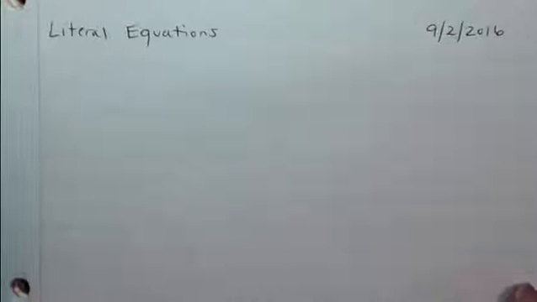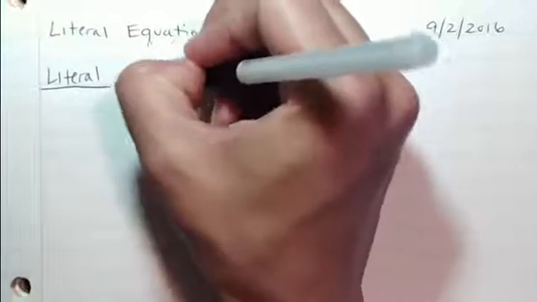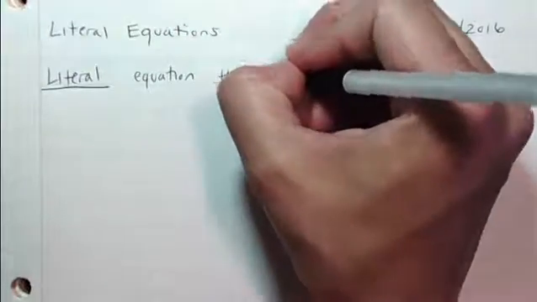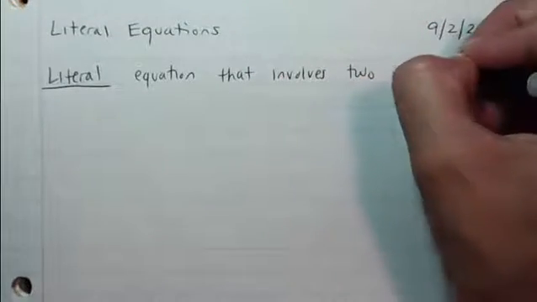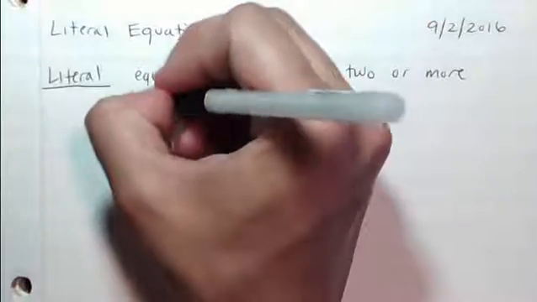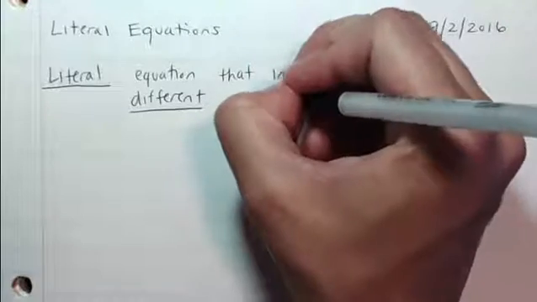Okay, so we've been dealing with lots of different types of equations. One-step, two-step, multi-step, variables on both sides. And we're solving for the variable when it comes to those. Literal equations, the definition of literal equations, is an equation that involves two or more different variables.